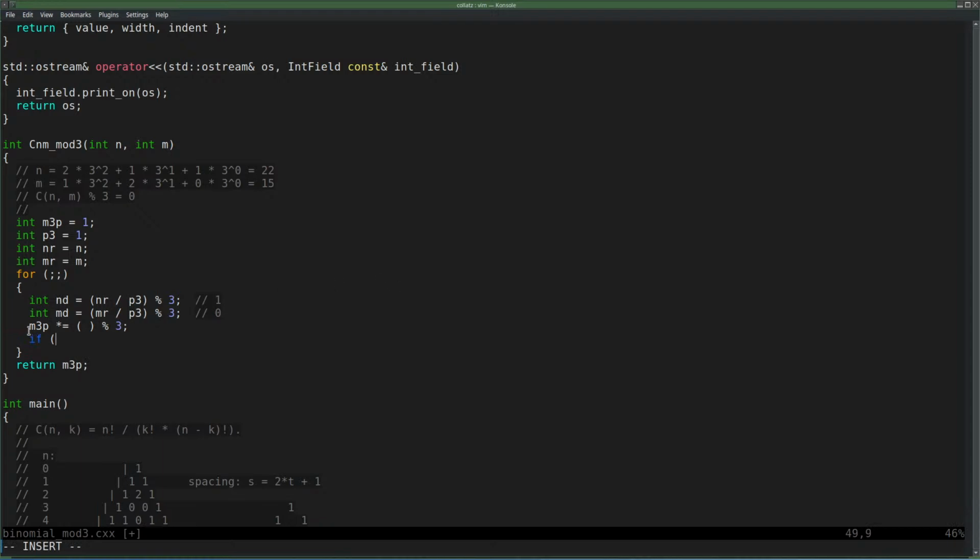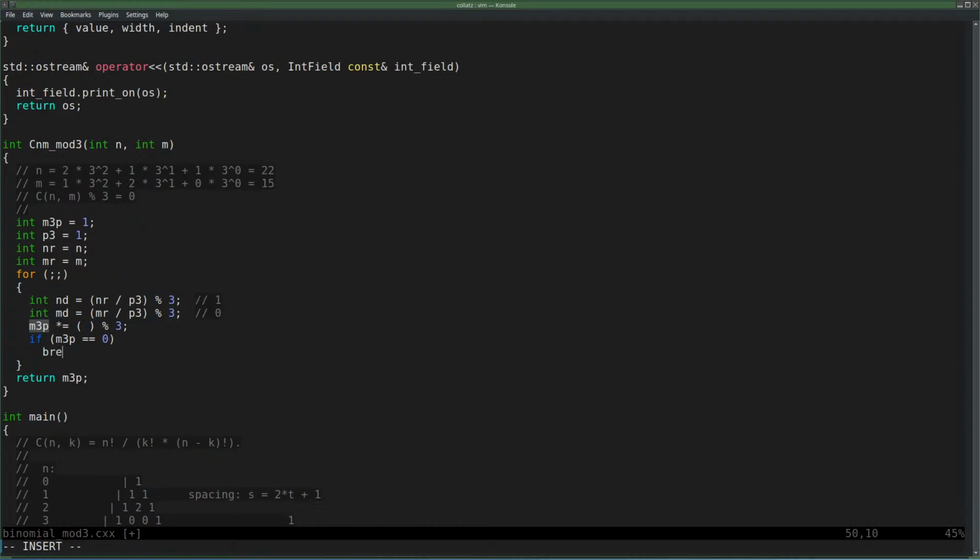So shortcut, if it is 0, then it will never recover from 0. Break. So, and there's going to be ND times MD.